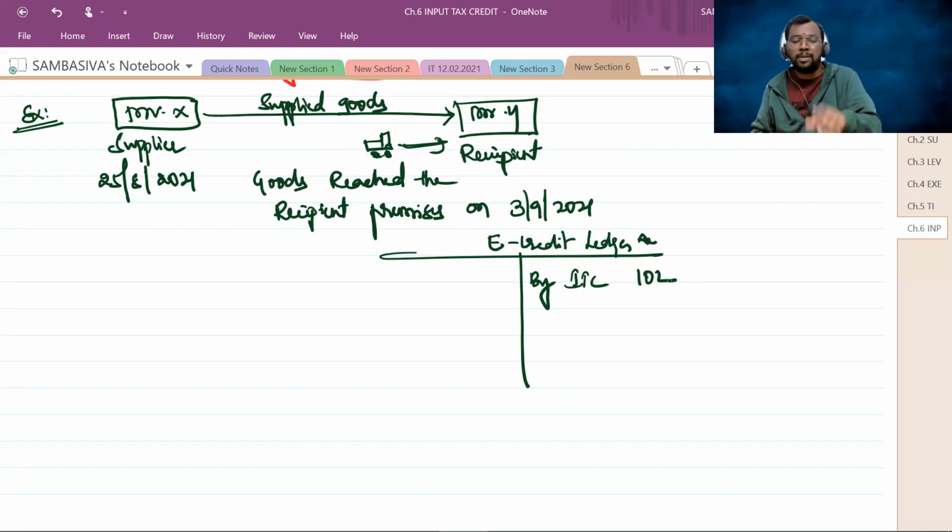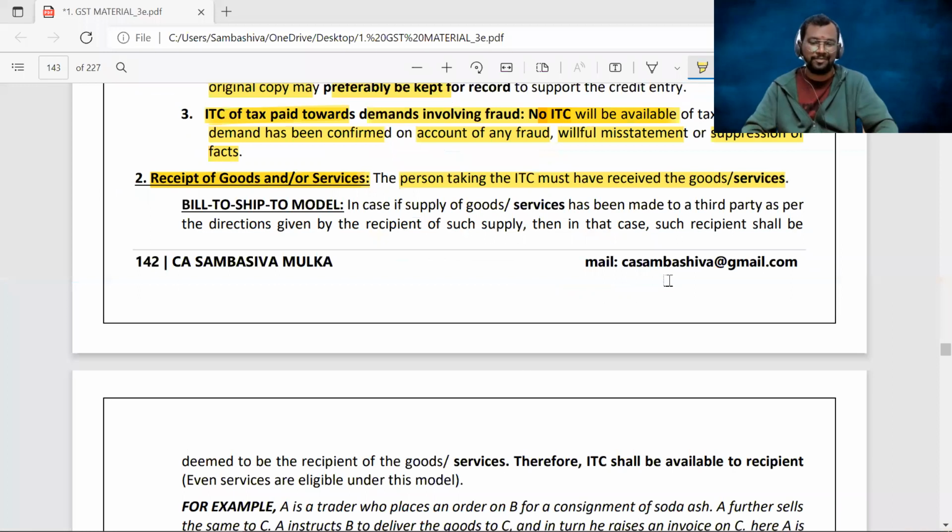On 3rd of September, yes, goods reached the premises of the recipient. On 3rd September, he can avail input tax credit. So the condition is that the recipient must have received the goods into his premises. That's the condition. So do we have any exception? Answer is yes. The exception is the bill to ship to model.